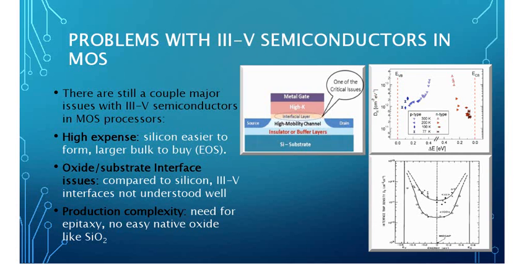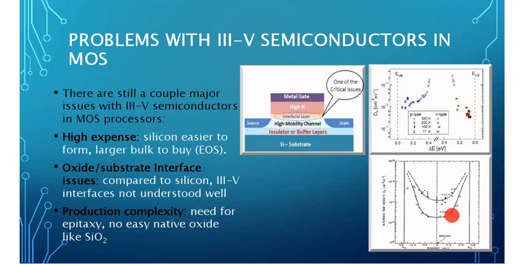The higher the density of interface traps, the worse the device performs. And you can see here, this is from an indium gallium arsenide to hafnium oxide MOS device, and this is a lot larger than the 10 to the 12th in a typical silicon dioxide device.